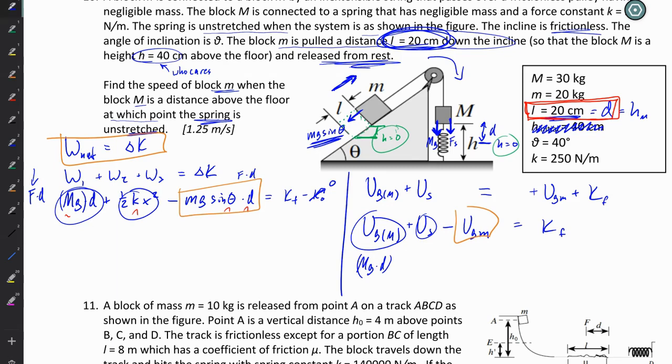And so we've got the increase of potential energy of that one. Well, I'm going to draw a little triangle. If it's going to move a distance of, what was it, 20 centimeters in that direction, then we need to know the height that it moves through.